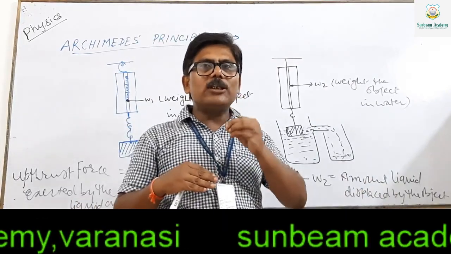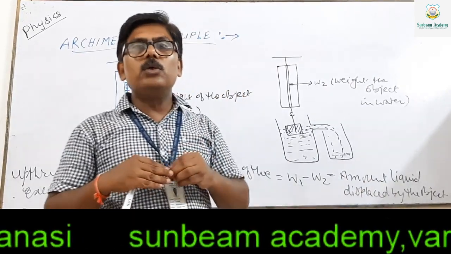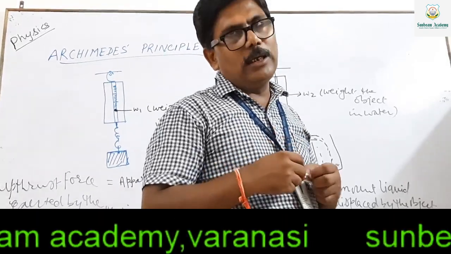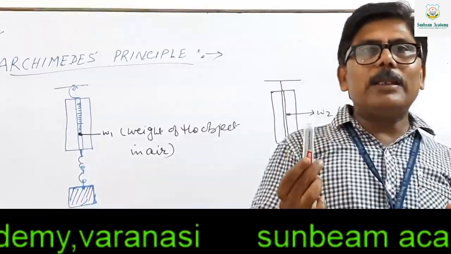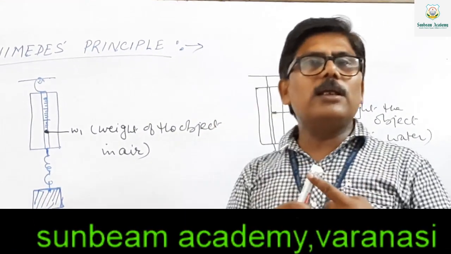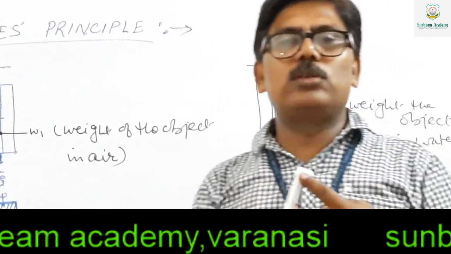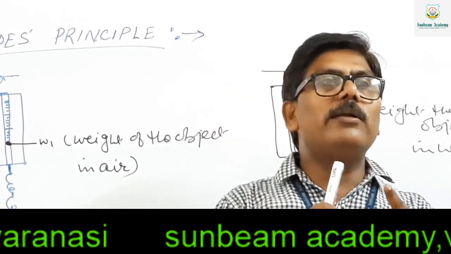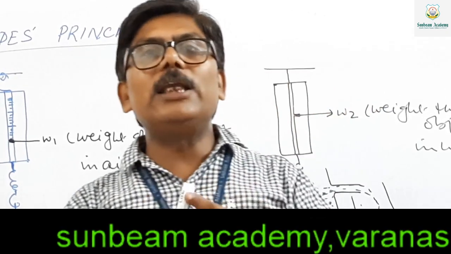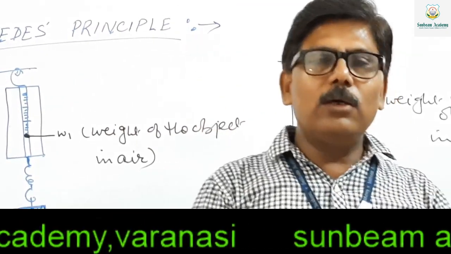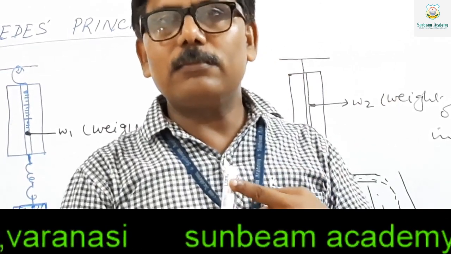Hydrometer is based on this Archimedes principle, which is used to measure the density of the liquid. Second application is lactometer. Lactometer is used for what purpose? To determine the purity of the milk. दूध में कितना पानी मिला है उससे आप चेक कर सकते हैं.